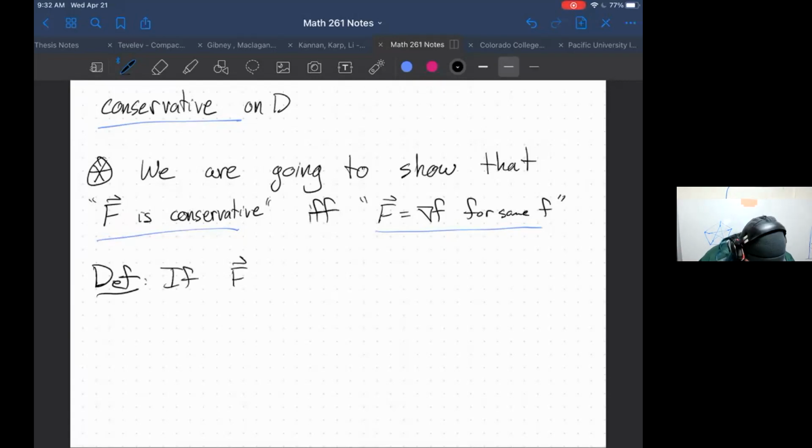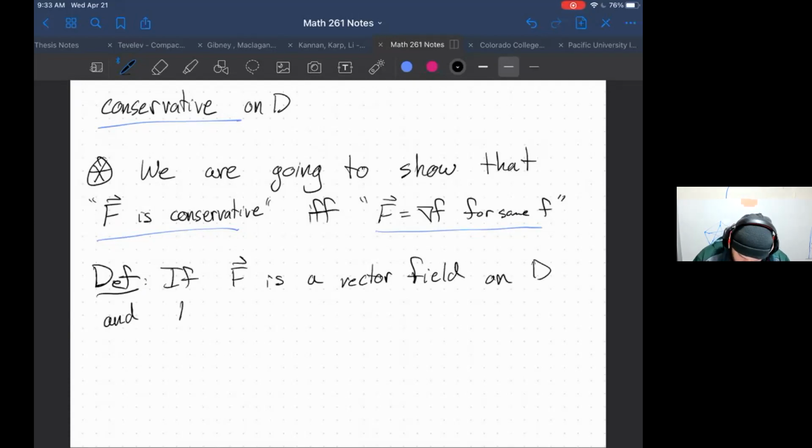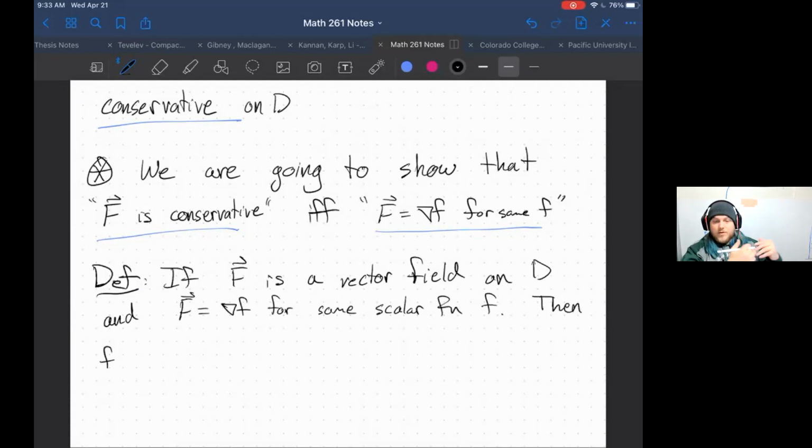If F is a vector field on some open region D, and it just so happens that F is a gradient vector field for some scalar function little f, then little f in this case... So again, we are starting with a vector field, and then we just so happen to be told that it's the gradient of some function.